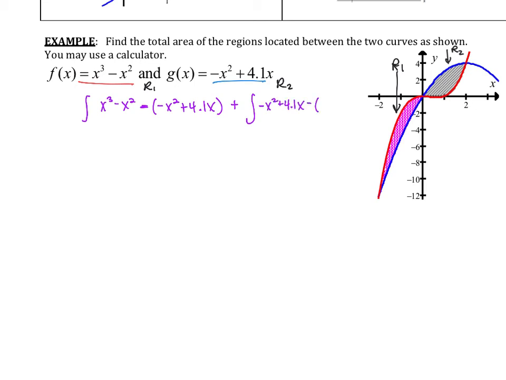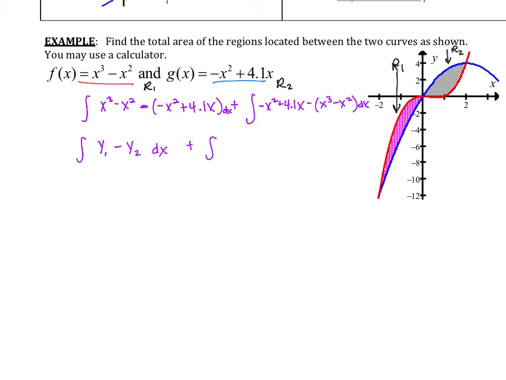I'm going to subtract from that the x cubed minus x squared. Okay, well, this is messy. I forgot the dx's on both. So do you agree that I'm going to take my first function, we'll call it y1, and I'm going to subtract y2.